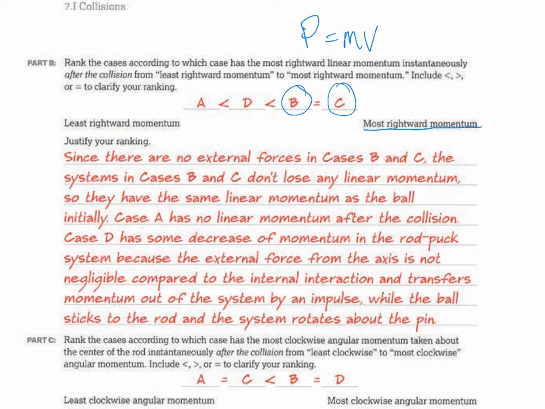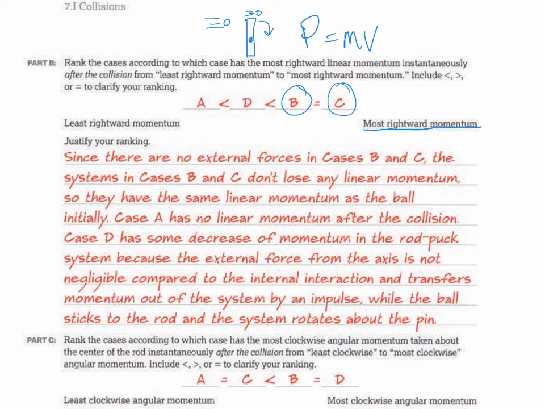Then ranking off from there, when object D gets hit, object D is the one that was fixed by a pin and the ball was coming in like this. And so this ball will probably still travel to the right after it gets hit, and this will start rotating. So you lose a little bit of that rightward momentum.